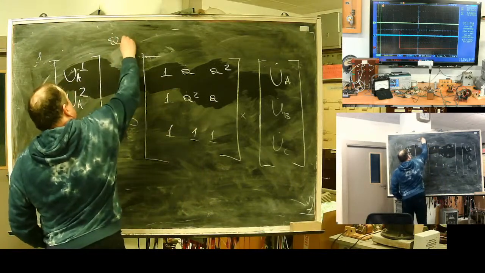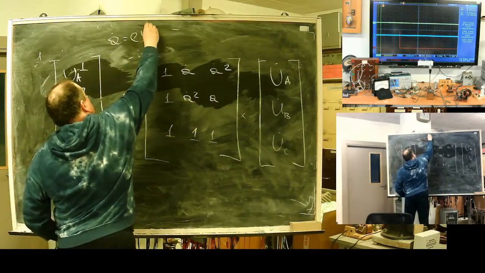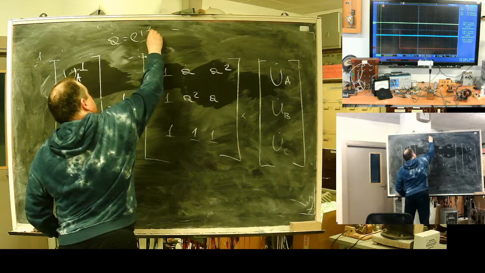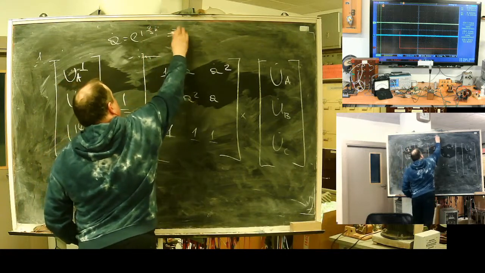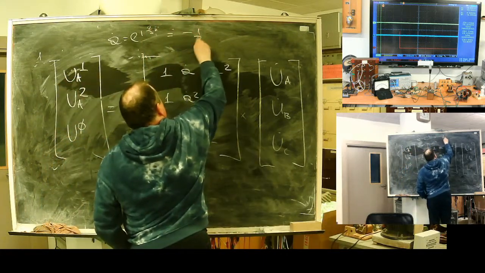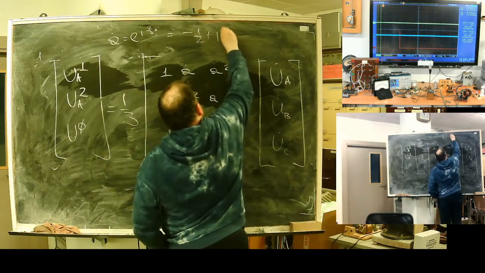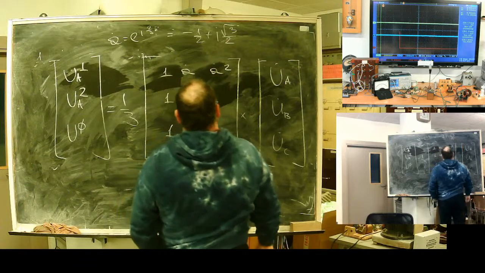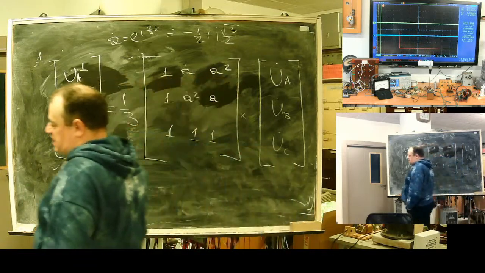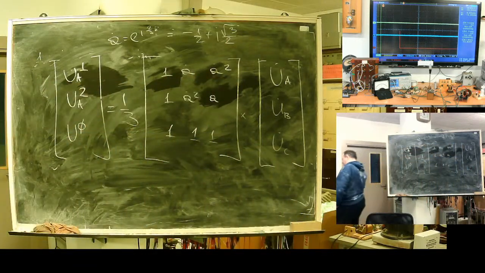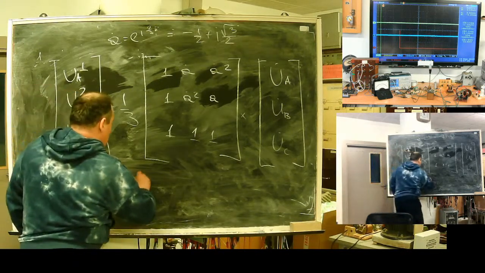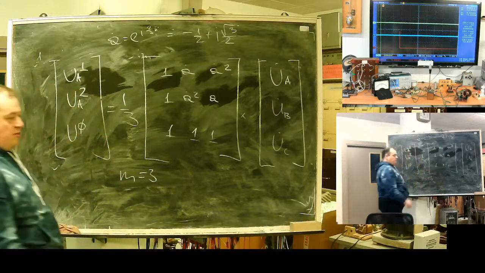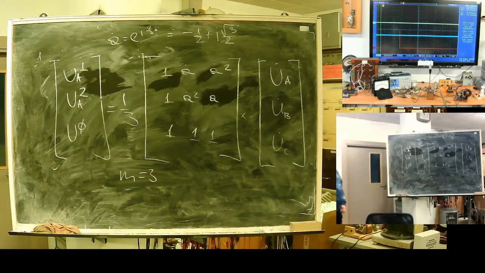Here a equals minus 1/2 plus square root of 3 divided by 2 times j. It's a rotation operator. Here it is for M being 3, for our simple three-phase system.